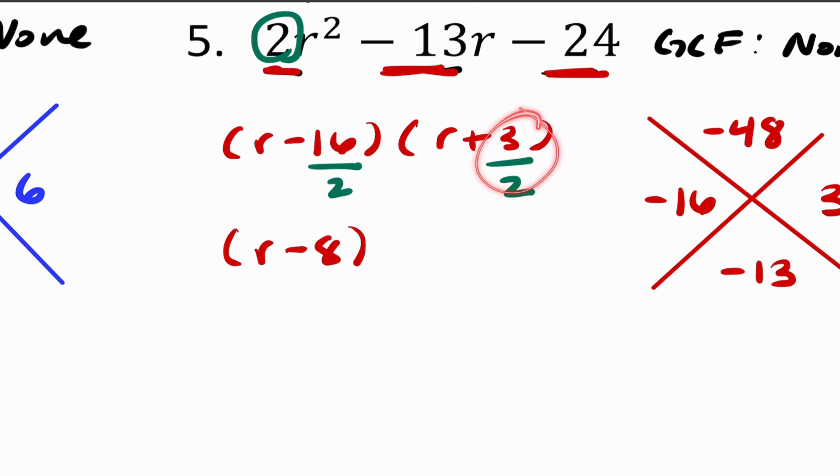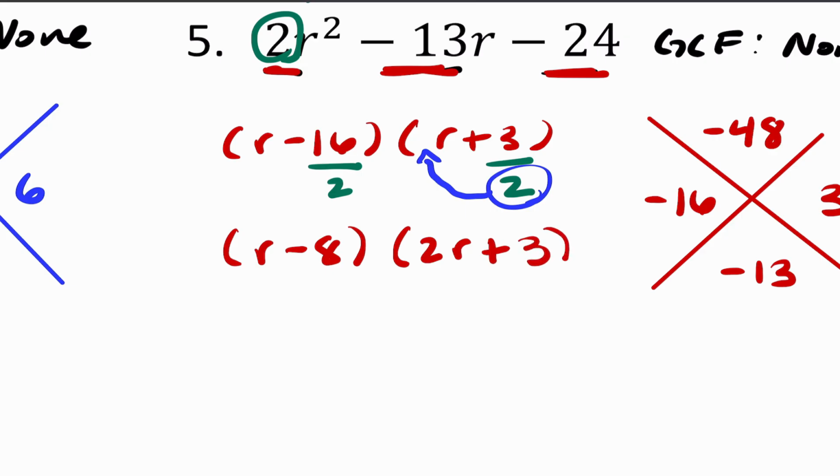And we have 3 over 2. It's already simplified. Does the 2 go into 3? And if it doesn't, then we need to swing it. So the 2 does not go into 3. So I'm going to take that 2 and bring it right into the front. So you have 2r plus 3.